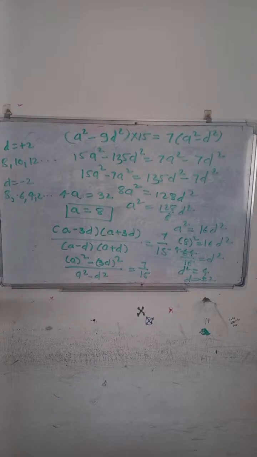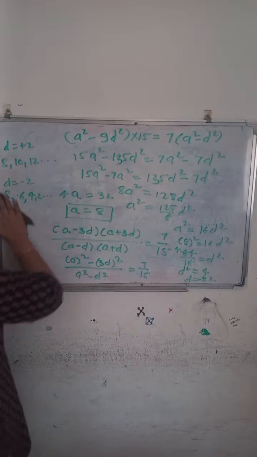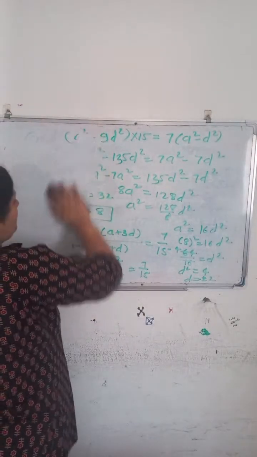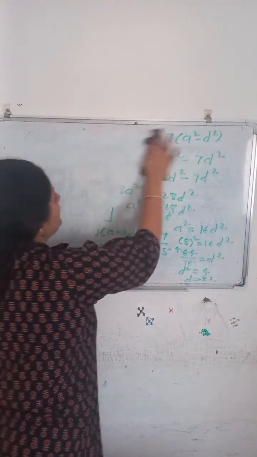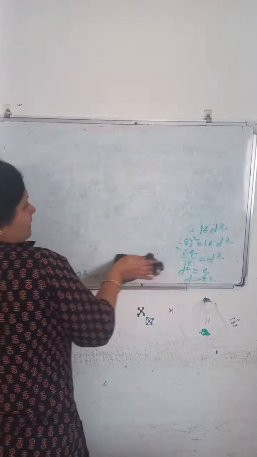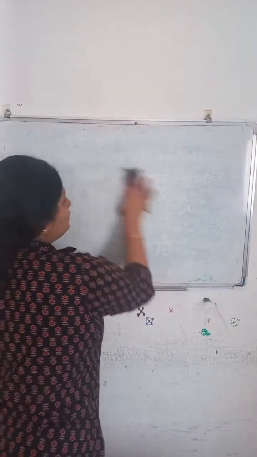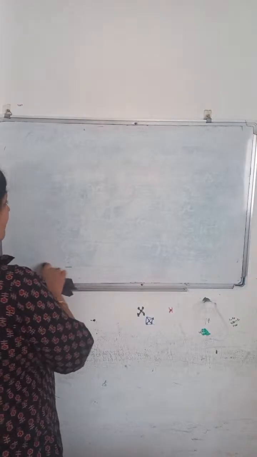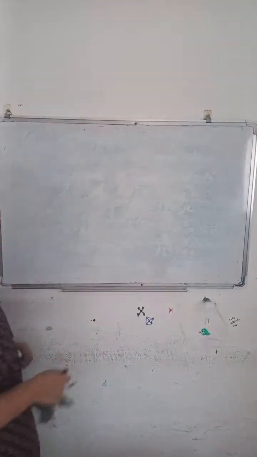So here the question is that numbers are given, which means an AP is given. We have to find the variables, that is A, B and C. I will write down this AP, and how to apply the logic over here is very important.